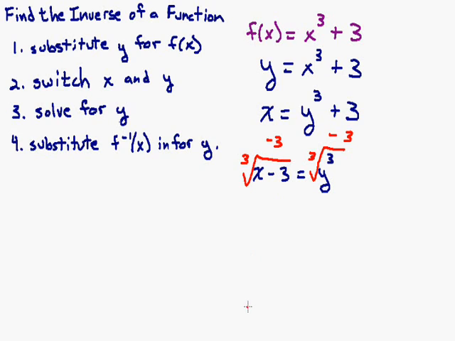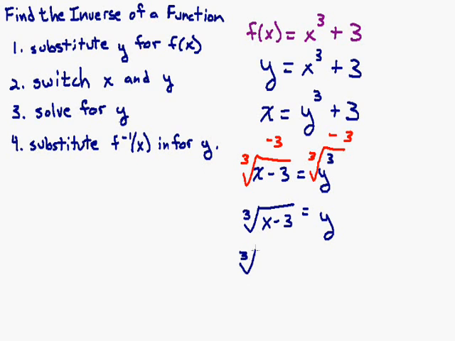What is the cubed root of y to the third? Well, that's just y. If it was y squared, we'd take the square root. If it was y to the fourth, we'd take a fourth root to change it into just y. So that gives us y equals the cubed root of x minus 3, and y is by itself. That accomplishes step 3. Step number 4, we substitute f inverse of x in for y.